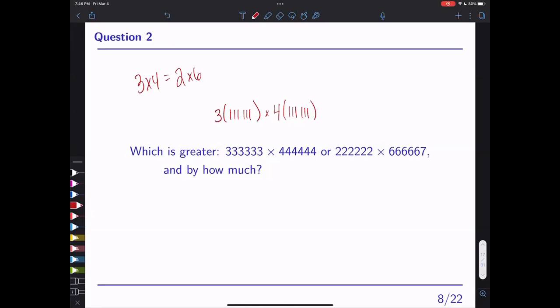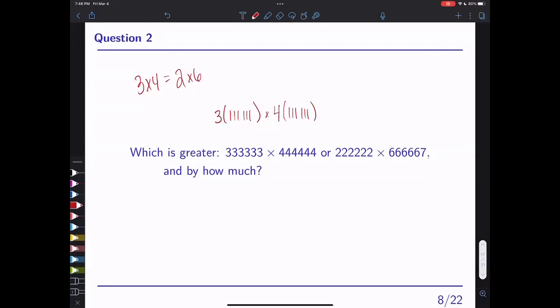Let's group it together so it looks a little bit more like the previous one. Let's put the 3 and the 4 together, and let's put these 1s off to the side. Do something similar with the 2s and the 6, 6, 6, 6, 6, 7.